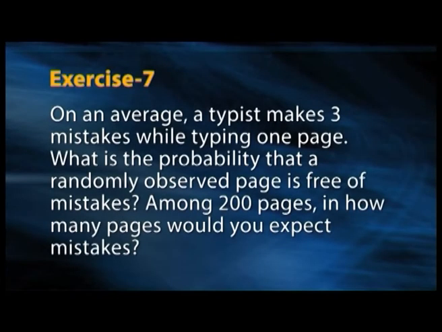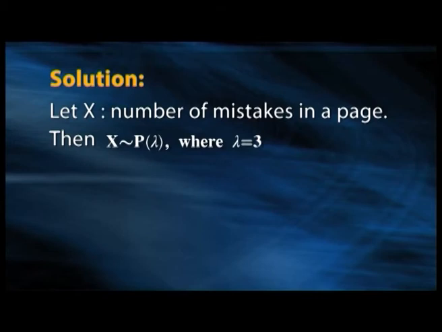On an average, a typist makes 3 mistakes while typing one page. What is the probability that a randomly observed page is free of mistakes? Among 200 pages, in how many pages would you expect mistakes? Let x denote the number of mistakes in a page.